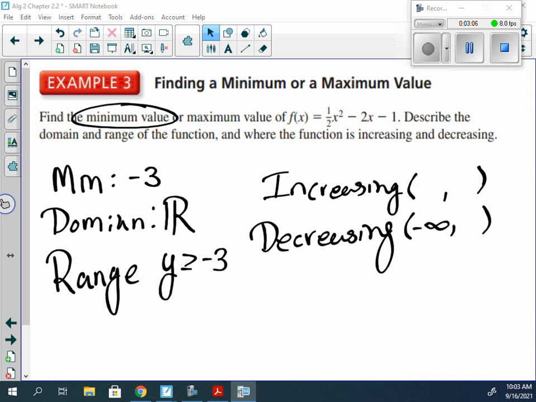Y equals one half x squared, I'm just trying to pull the function back up for us, minus 2x minus 1.